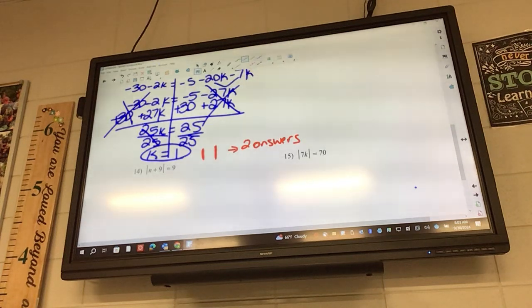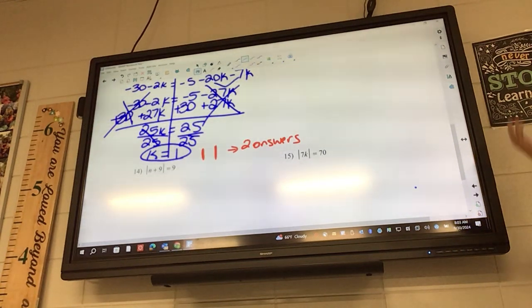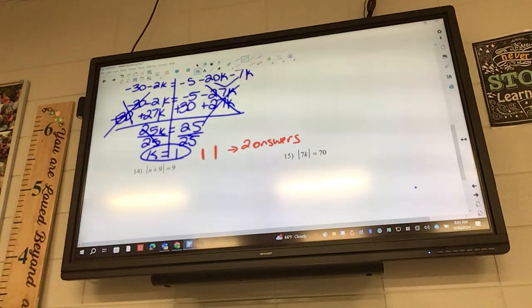Because if you didn't have 2 answers, then I already know you have no idea what's going on. So the bars mean you should have 2 answers for sure. Okay, so you guys are gonna kind of have to make up your own notes, but as long as everything is inside the bars, we can go ahead and say comma and make the other one negative.